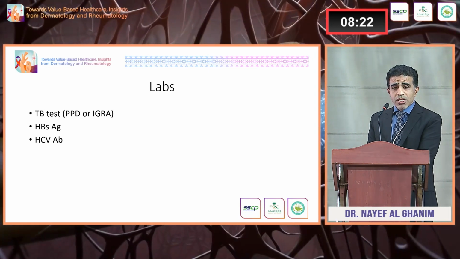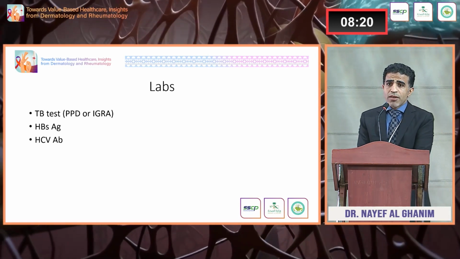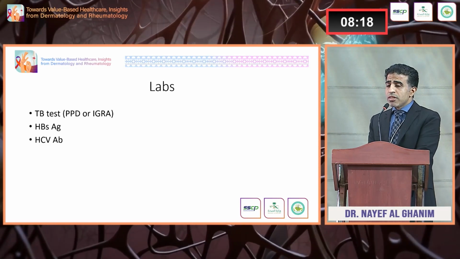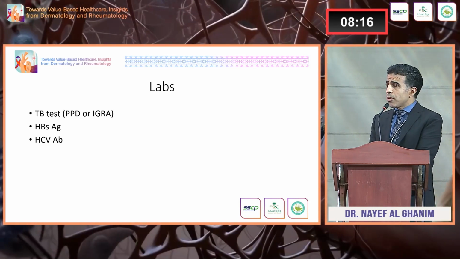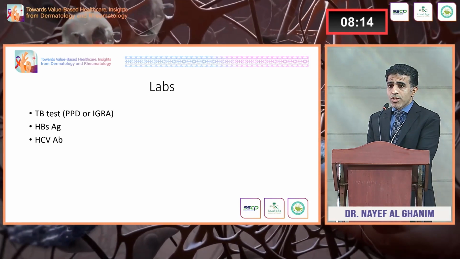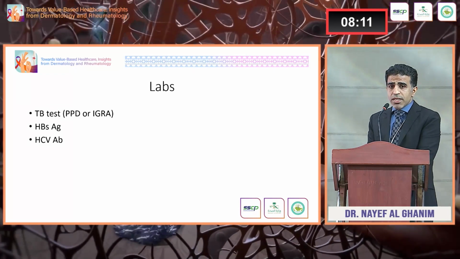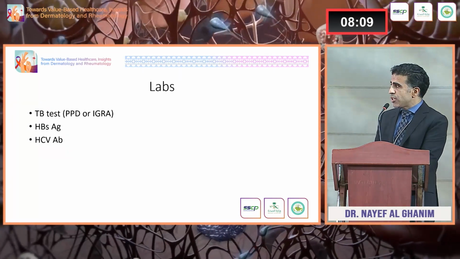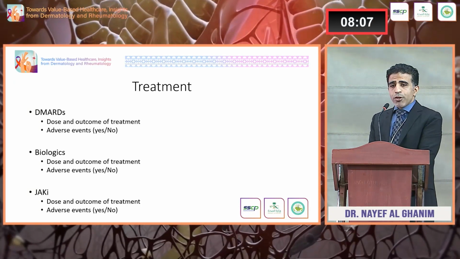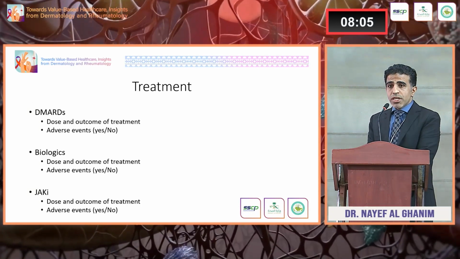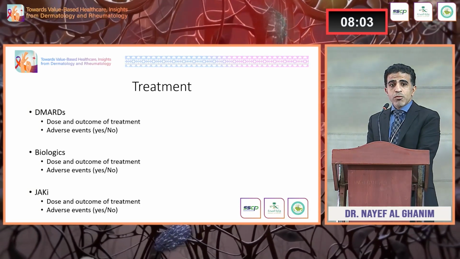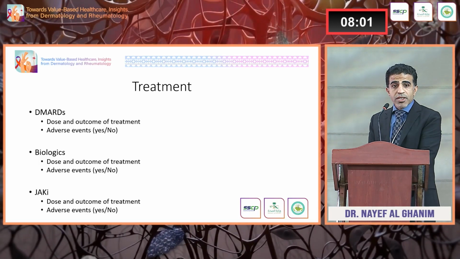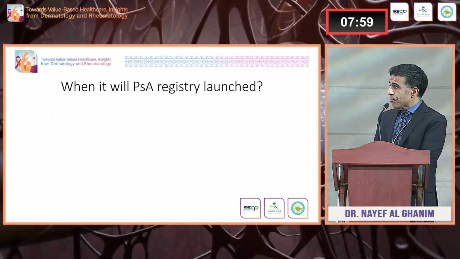For the labs, there are several lab fields that you have to fill, but the most important variables are the TB test, whether a skin test or IGRA test, and the hepatitis B and hepatitis C screen. Then you'll be asked to fill in the treatment history, and for each treatment, you have to mention the outcome and whether there are adverse events or not.